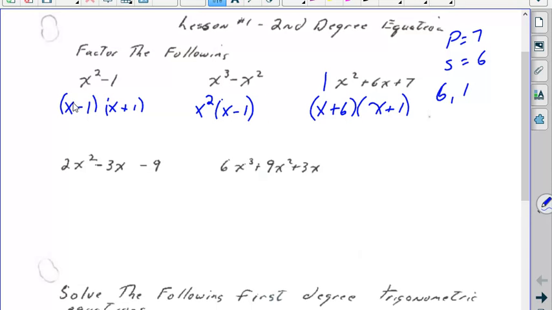The product sum game here, we are looking for two numbers that multiply to 2 times -9 and have a sum of -3. Those two numbers are -6 and 3. I cannot write x minus 6, x plus 3.